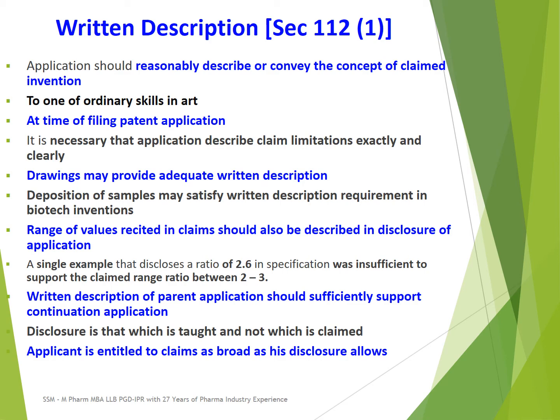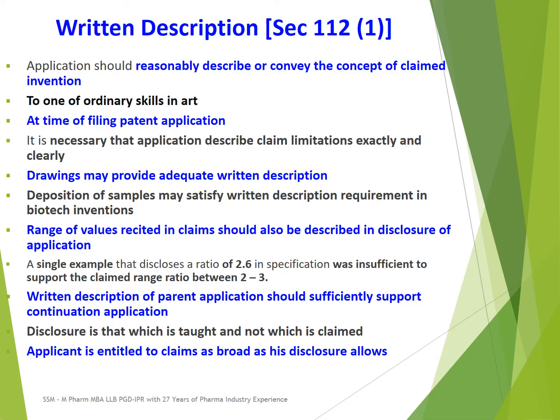It is necessary that the application describe claim limitations exactly and clearly. Sometimes drawings may also provide adequate written description. So your written description should be clear and detailed to one of ordinary skill in the art.